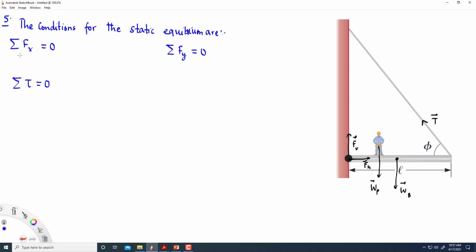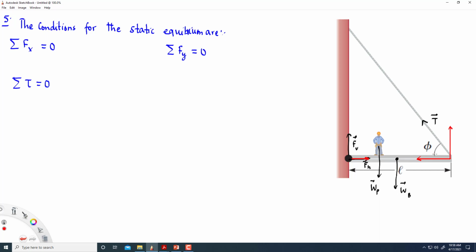We want to add all the forces along x direction. So for that, we need to know what forces are acting along x direction. One is this one, so this is acting along x direction. And the next one is, this tension has two components. One is this horizontal component, and the next one is this vertical component.